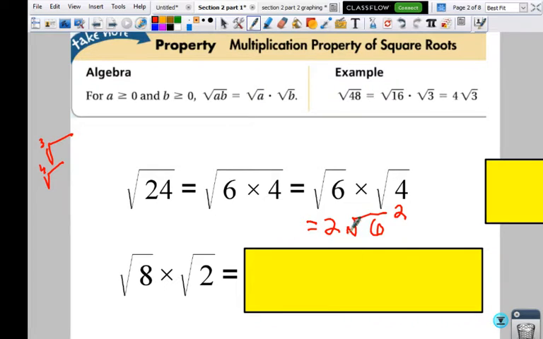Square root of 24 is the same thing as 2 square root of 6. Because we split it apart, I know what the square root of 4 is, right? That's 2. I don't know what the square root of 6 is, but that's fine, because I simplified this a little bit more and got 2 square root of 6. How'd you get the 2? Where'd you get the 2 from? Square root of 4. Oh, okay.